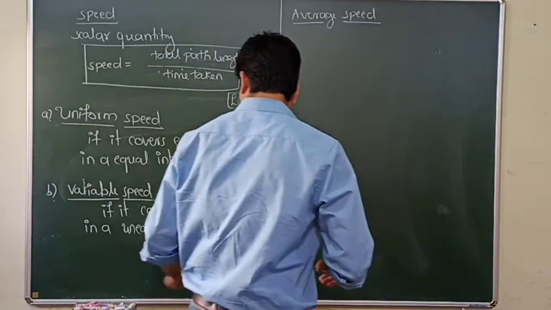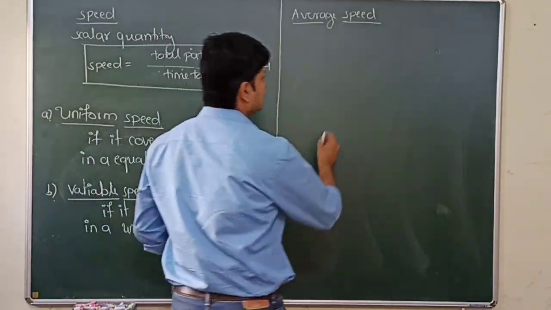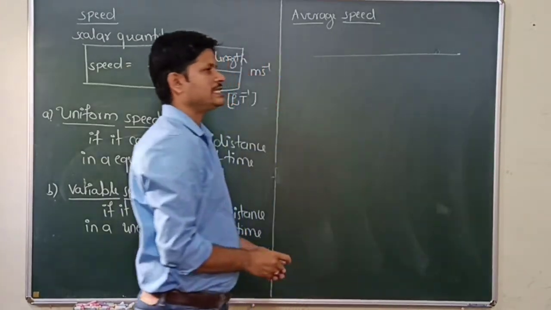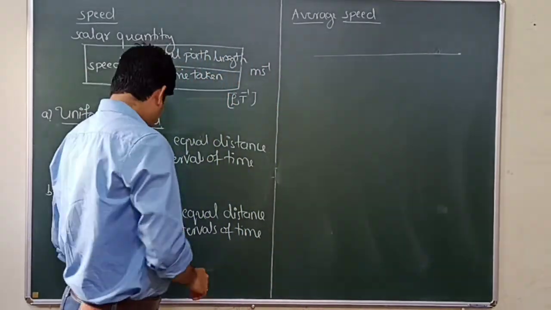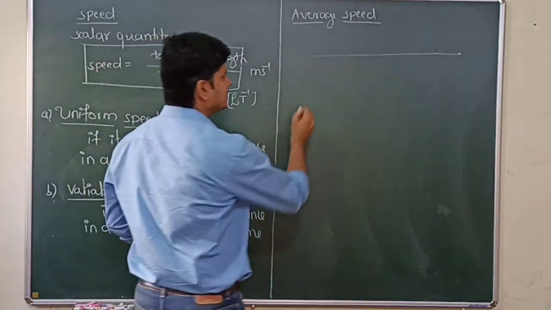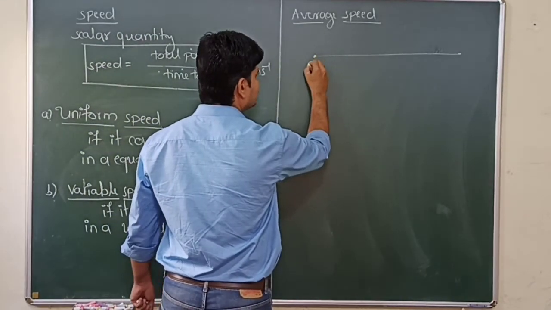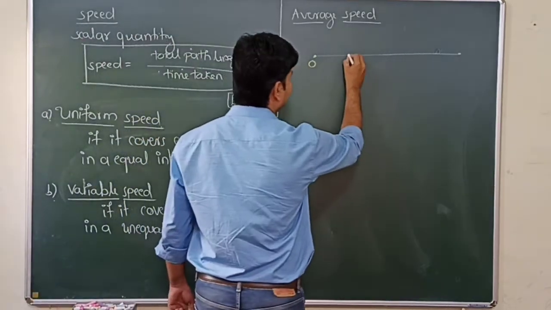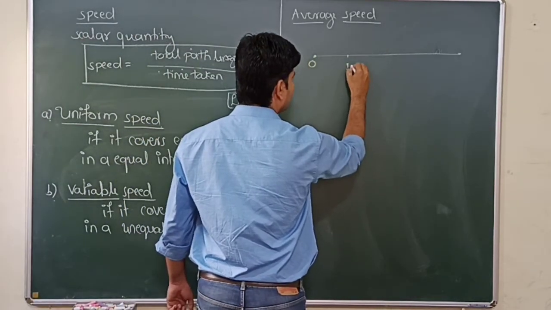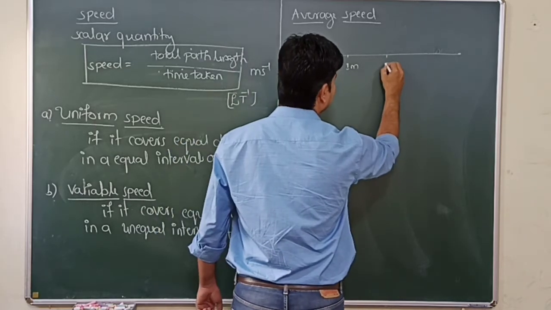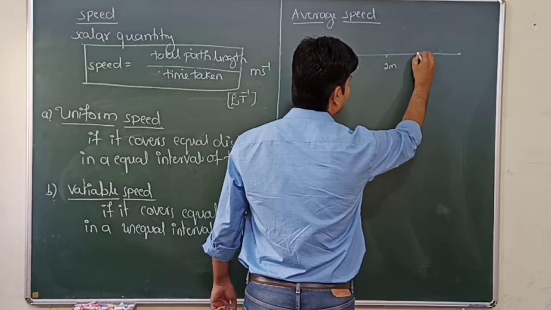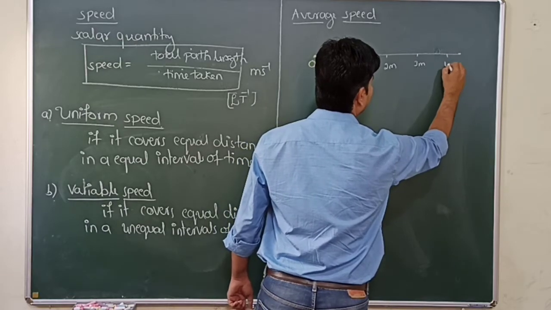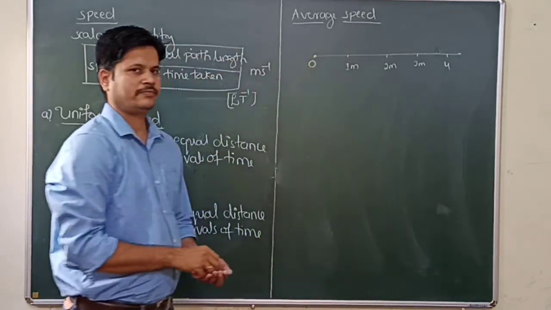That means the object is traveling in a straight line, and this is its initial position O, correct? And this is the first meter, this is the second meter, this is the third meter, and this one is the fourth meter, like this.